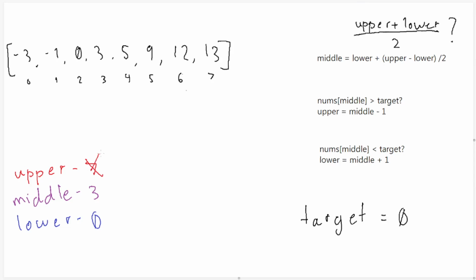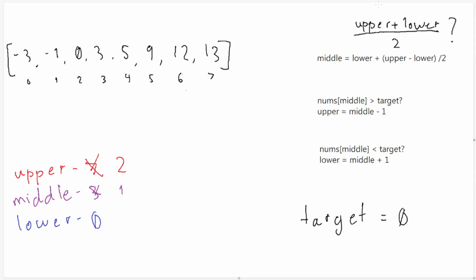Our upper is now set to 2, our lower remains the same, and our middle is now set to 1. We see that the value at index 1 is -1, which is less than our target. Because of that, we can discount this index by making the lower 1 more than our middle, and that gives us the index 2 right here.